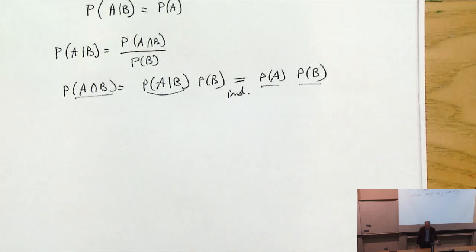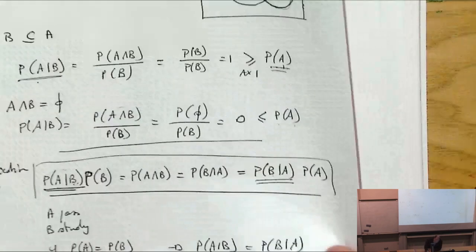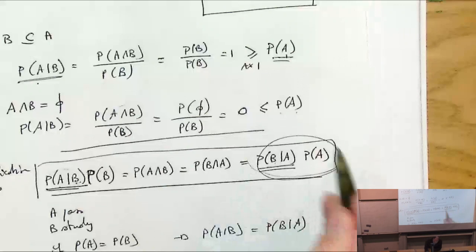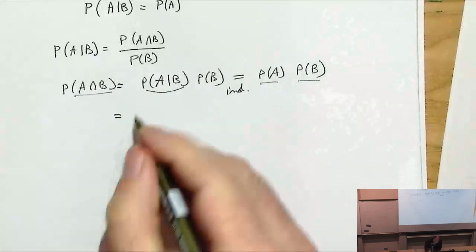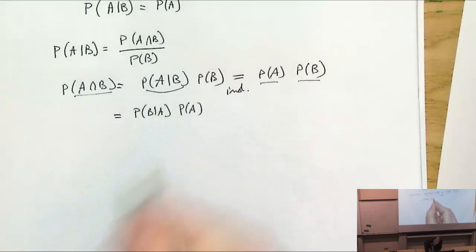Right? So you want to look at the probability of having two events occurring at the same time. And because they're independent, essentially it is the probability of having A occurring multiplied by the probability of having B occurring. Now, what I can say as well is that I can write this differently here, using this expression. So I can say again, this is P of B given A multiplied by P of A. Right?